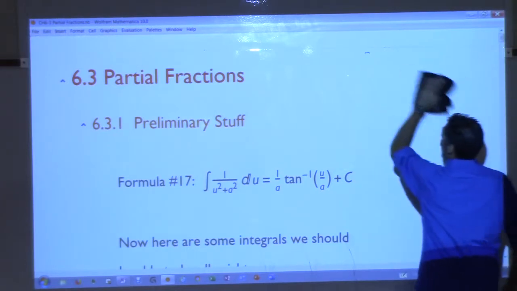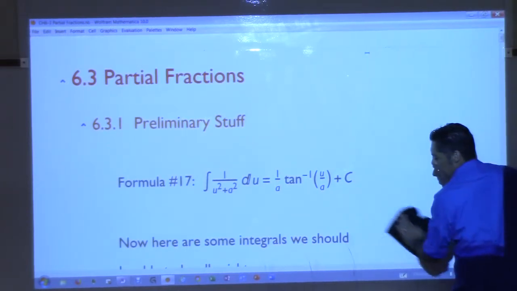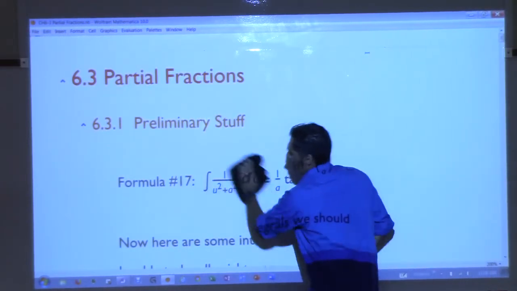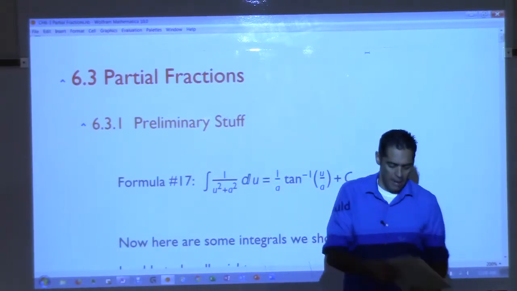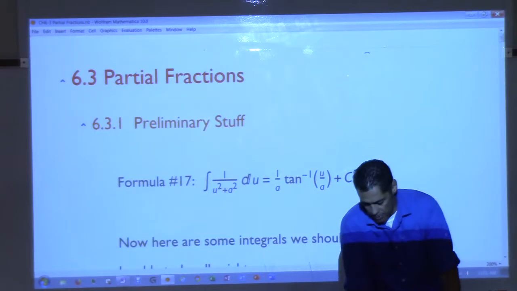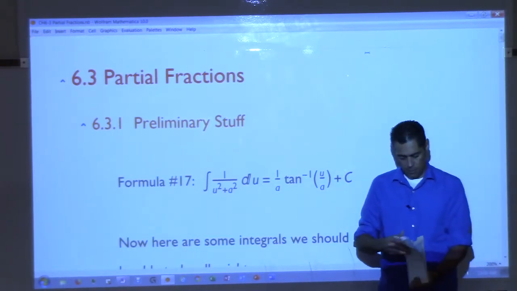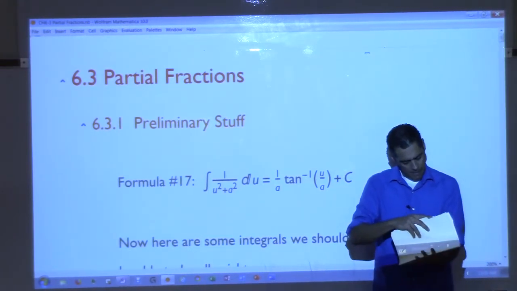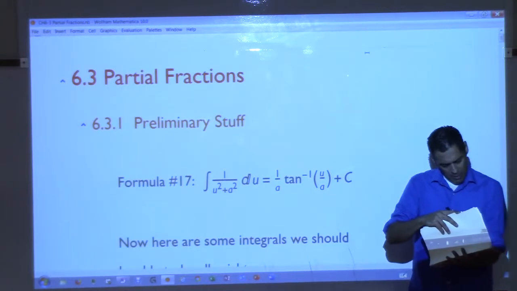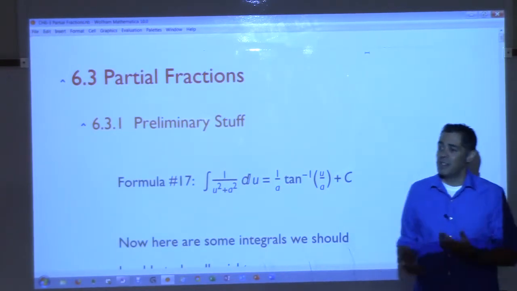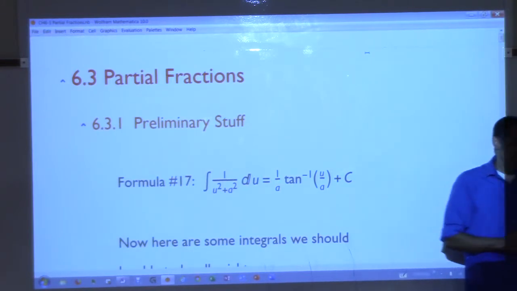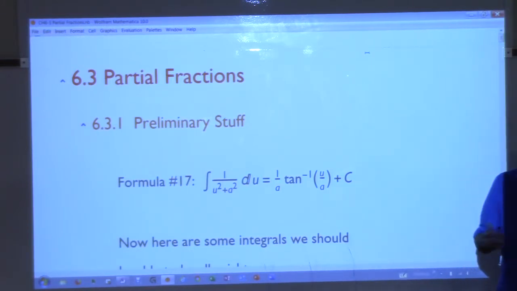So the challenge will be, like I said before, that on your next test, which is the 16th, so we still have a little ways to go. On your next exam, you'll get an integral, and there won't be any direction other than to find the antiderivative.